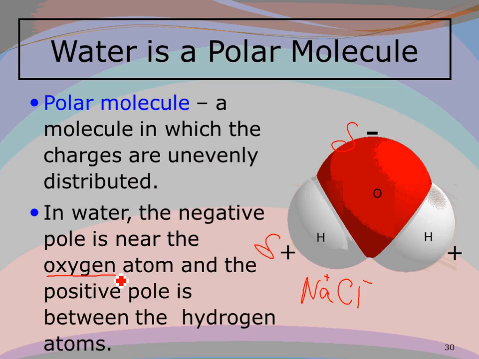And literally, an oxygen atom does arrange itself almost in this V-like shape, where the hydrogens kind of congregate on one side of the oxygen molecule. So that creates this area up here to be negative, and this area down here to be positive, or partially positive and partially negative.